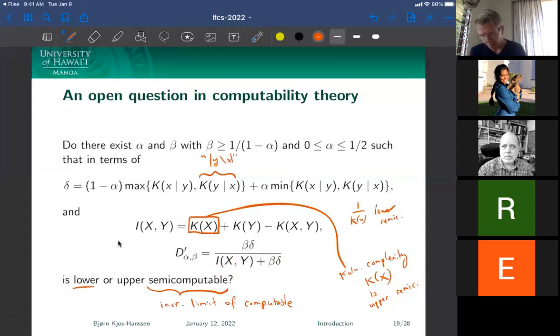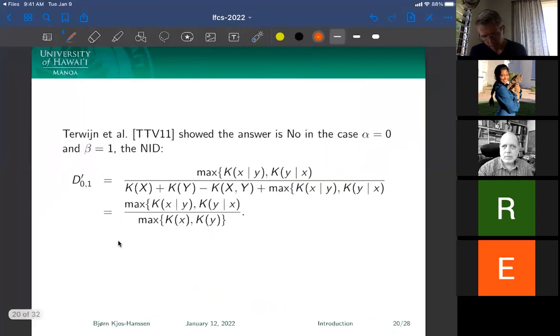And in fact, that was shown by Tversky and some co-authors: the answer is no, it's neither lower nor upper semi-computable in the case where alpha is 0 and beta is 1, which is the normalized information distance. So the question is, could there be some values of alpha and beta where the answer is yes? A conjecture would be that there can't be, but it's a little interesting. What if we make alpha and beta themselves non-computable numbers, for instance?